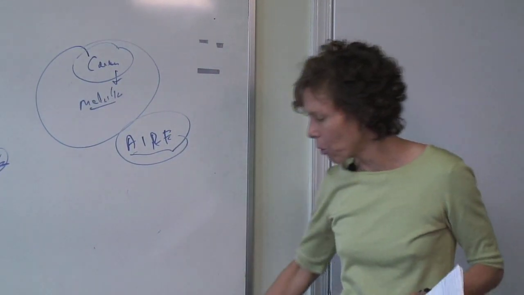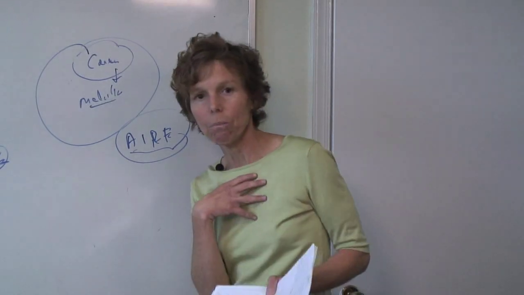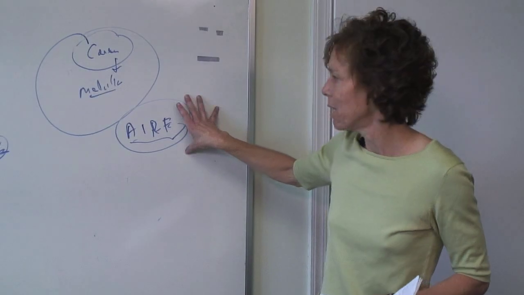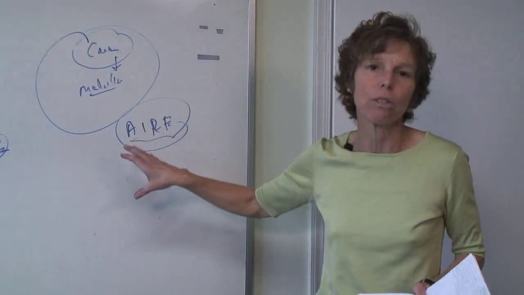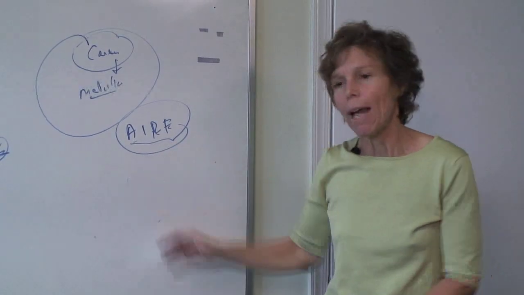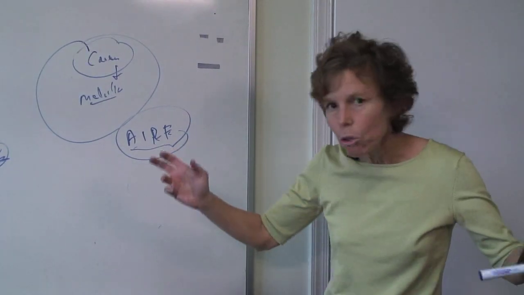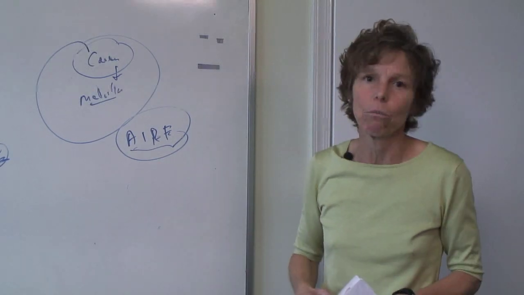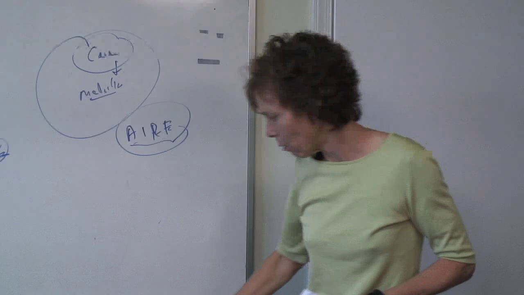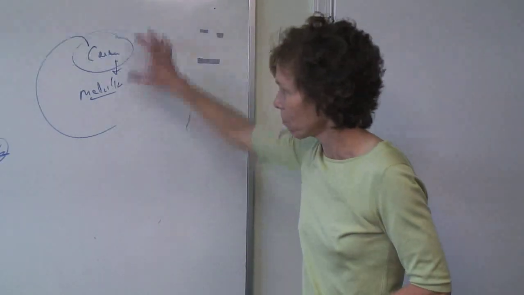And so you might well imagine that if a person has a defect in this AIRE protein, that means that you never got to put your T cells through their paces. And as such, you may have very reactive T cells, okay? You may have a lot of so-called immunopathology, an overactive immune system that doesn't properly recognize self from non-self, okay?